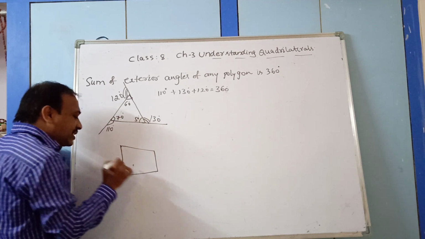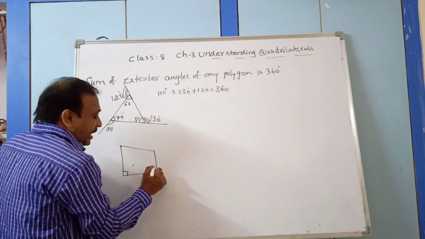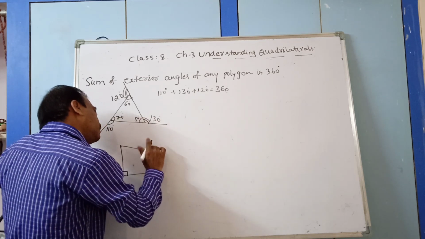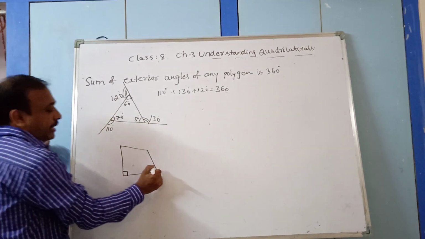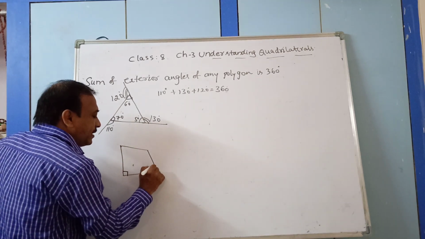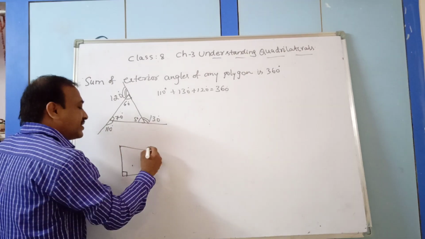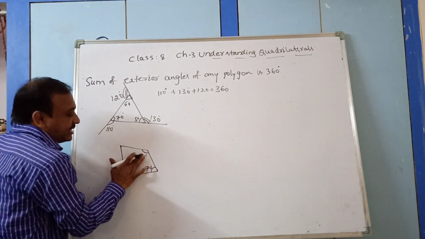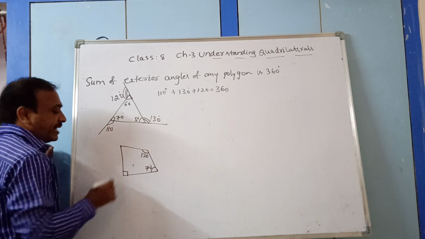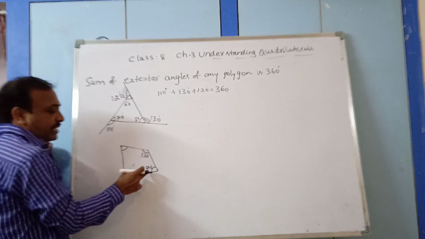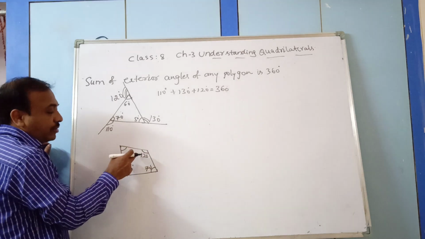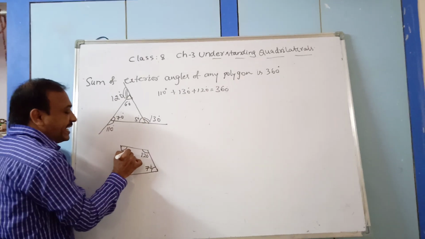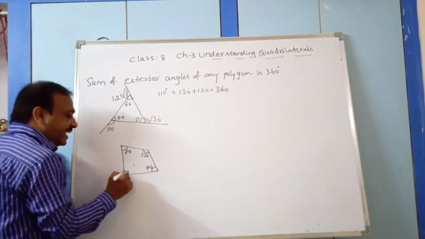Now if I give 90 degrees over here, and here 90, and this is 70, 90 plus 70 is 160, 160 plus 120 is 280, and this is 80 degrees, so 360 degrees. Now you see the exterior angles.